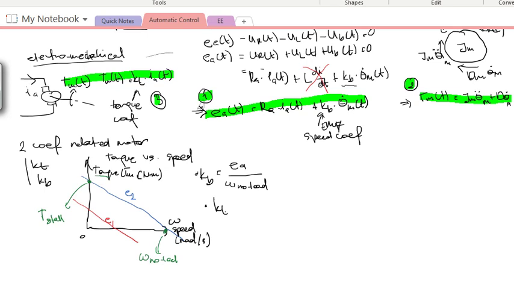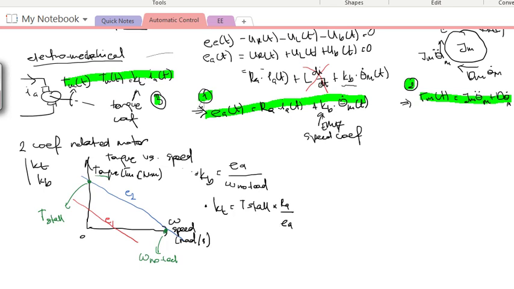And KT, what's KT equal to? KT is a coefficient that relates the current and torque. This time we have to use T stall multiplied by RA, the resistance of the electrical circuit, divided by EA.